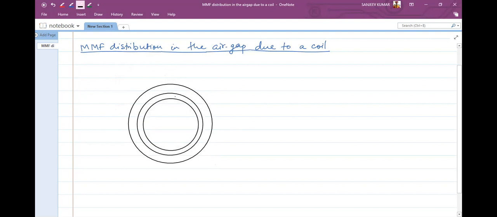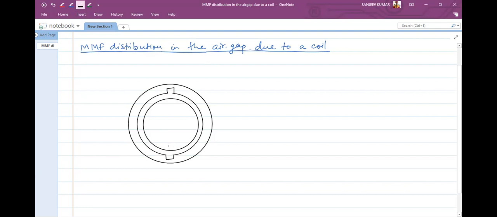Now this is the rotor and this is the air gap. Now we will draw one coil here. Let us consider this is the slot which we want to access. Okay. And this is the slot at the other end.